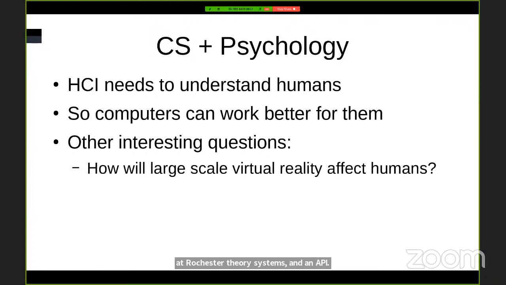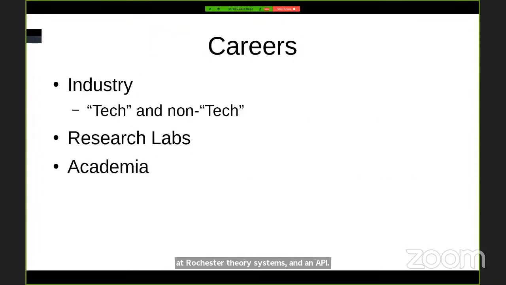What I would like to do next is talk about possibilities of careers in computer science. This list is ordered by the number of opportunities available. Industry has the most opportunities, both in the tech industry, which is things like Google, Microsoft, Facebook, Amazon, and even non-tech companies that obviously use computing, like financial companies and banks.